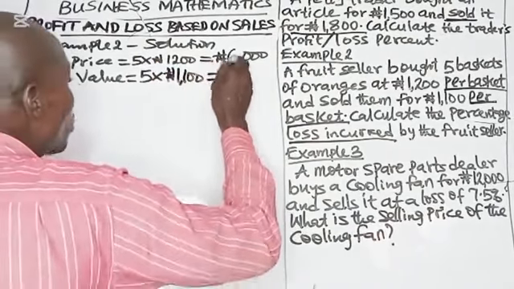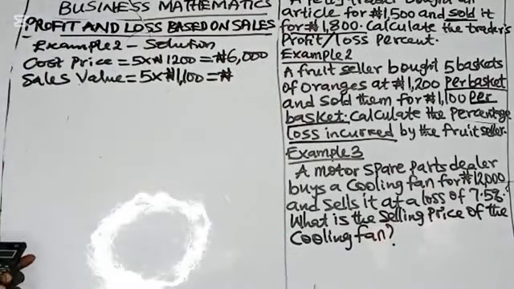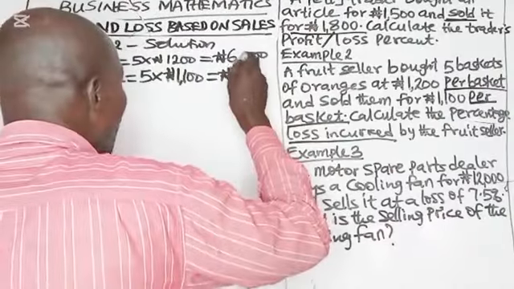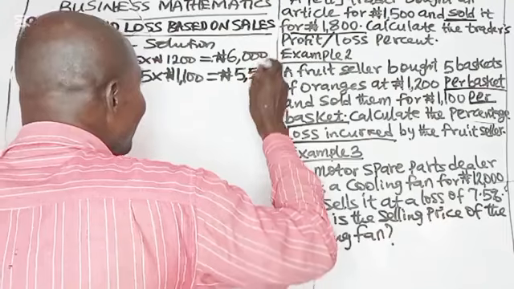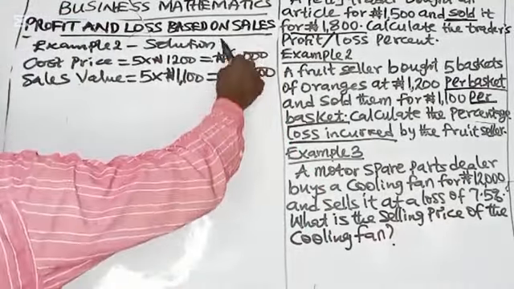How much will be the total sales value of the 5 baskets of oranges? 5 times 1,100. That gives us 5,500. These oranges were sold lower than they were bought.